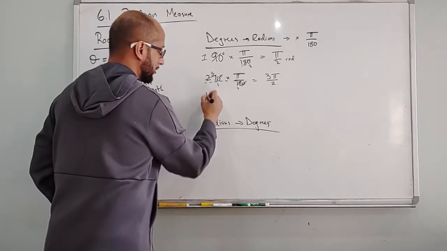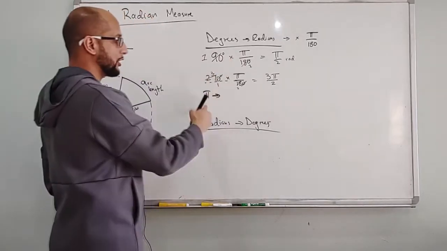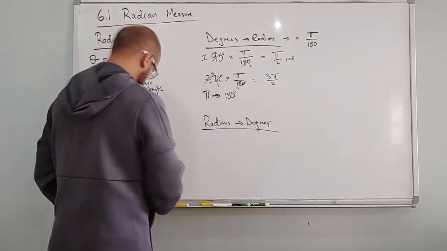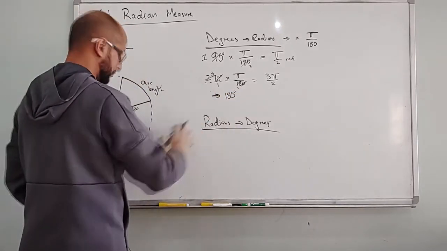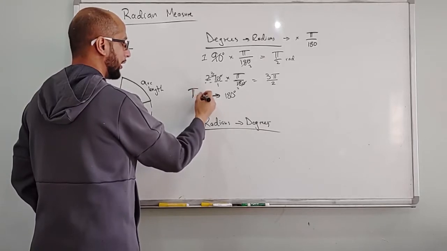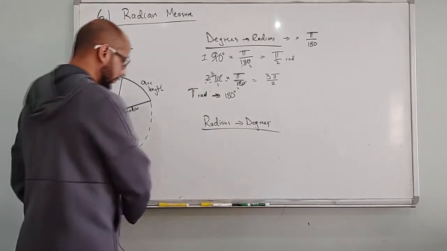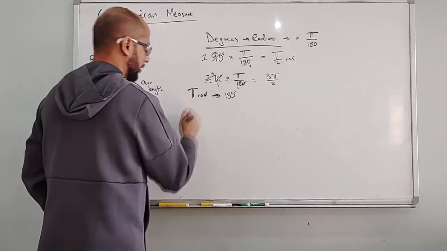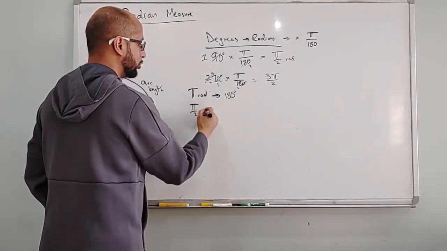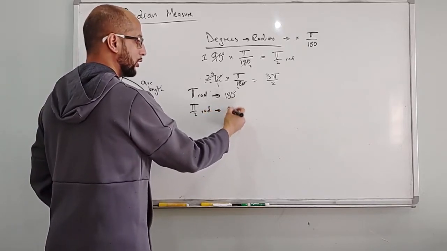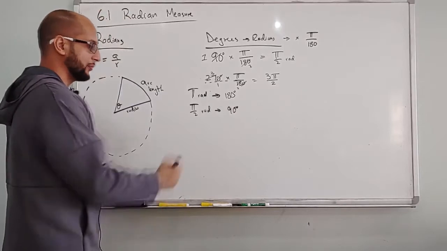One thing to remember is another way to convert is to remember that pi is 180 degrees. More specifically, pi radians is 180 degrees. So pi over 2 radians would be 180 divided by 2, which is 90 degrees.